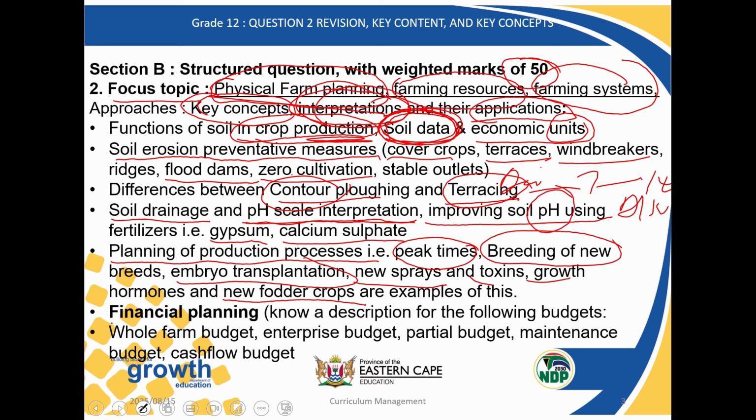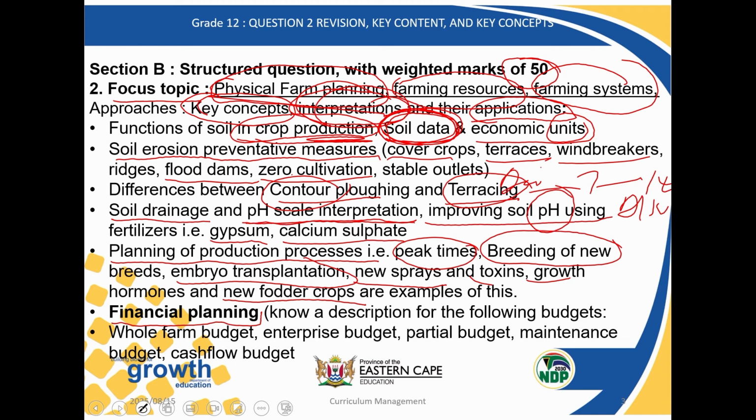And then you also have a bit of financial planning in this question too. What is critical here is that in as much as we are doing farm planning, at some point we need to consider some of the finances.